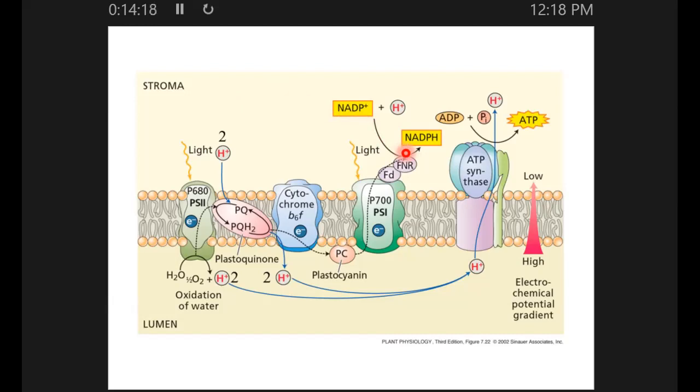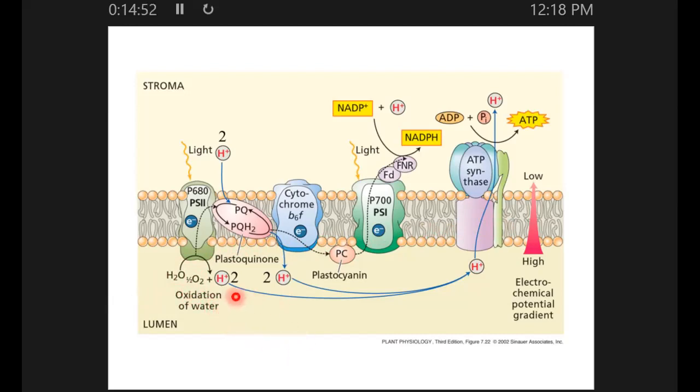Okay, so you also see that, and again, I won't go into huge detail, but you can see here that what they've drawn is that the electron flow is happening all the way to NADP+. And then they're also showing that in that process, you create conditions that allow for ATP synthesis. It's through a development of a proton gradient, we call it, because as you strip electrons off water, you get oxygen, but you also get protons as one of the products.